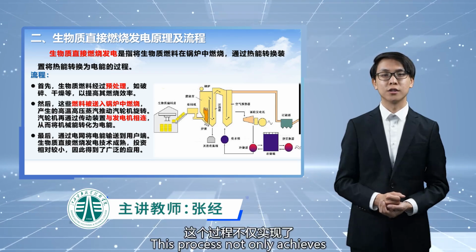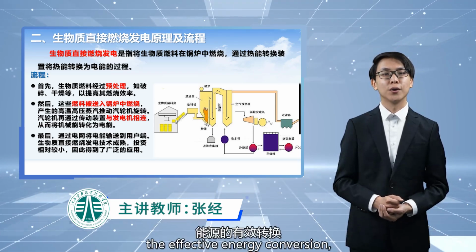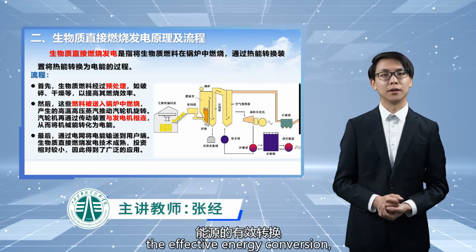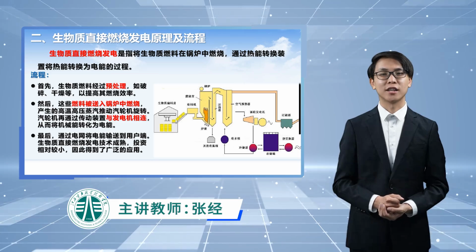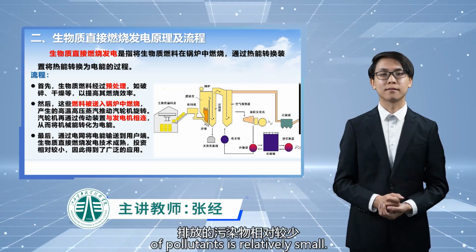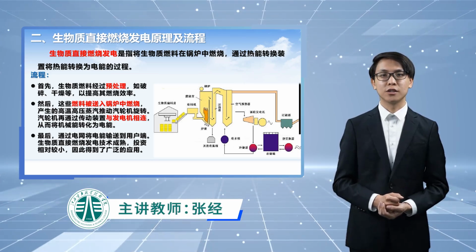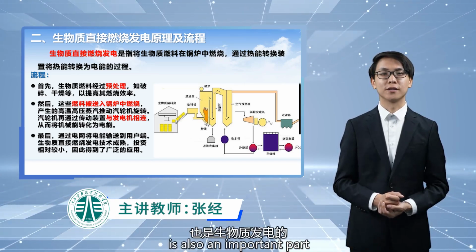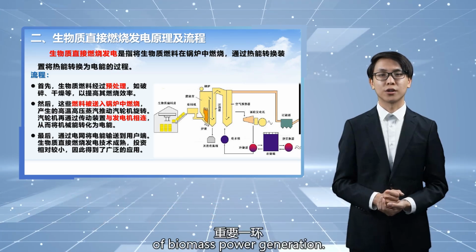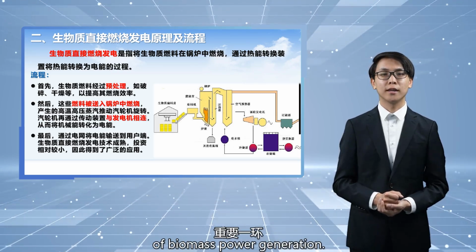This process not only achieves effective energy conversion, but is also environmentally friendly, and the emission of pollutants is relatively small. The production and utilization of biomass fuel is also an important part of biomass power generation.